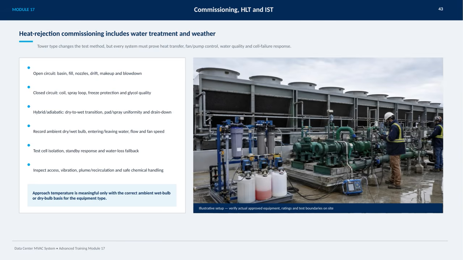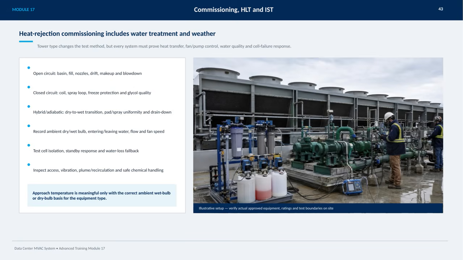It's essential to record ambient conditions such as dry and wet bulb temperatures, entering and leaving water temperatures, flow rates, and fan speeds. Additionally, testing includes cell isolation, standby response, and strategies for water loss fallback. We also need to inspect access points, vibration levels, plume behavior, recirculation, and ensure safe chemical handling practices.